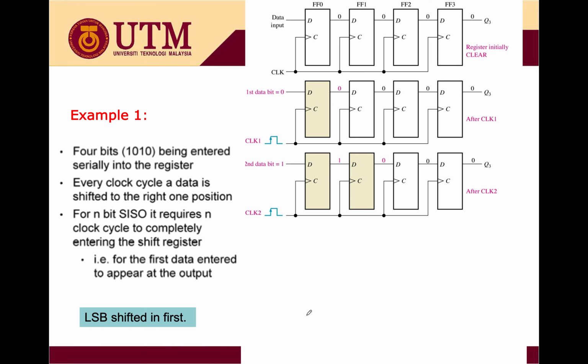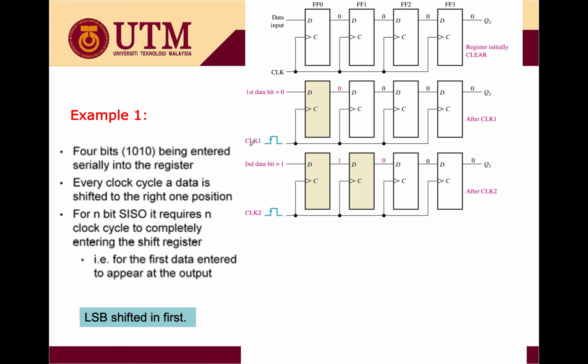Every clock cycle, data is shifted to the right positions because it's stored first, and then later on it will be changed. For n-bit SISO, it requires n clock cycles to completely enter the shift register for the first data entered to appear at the output.